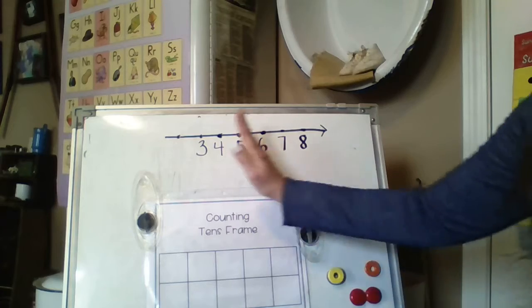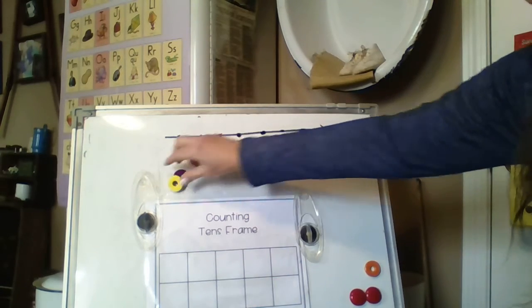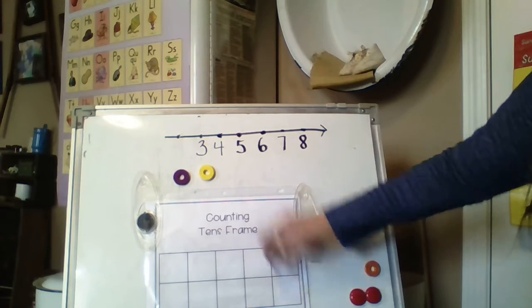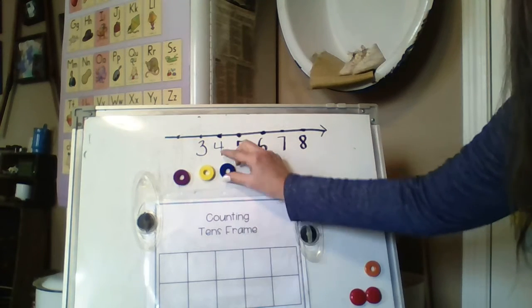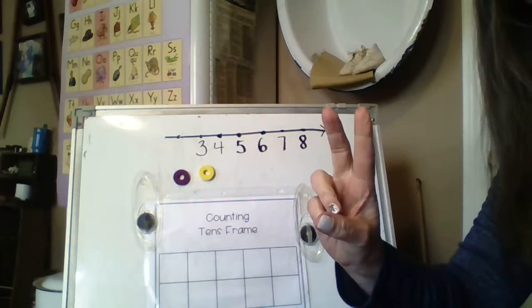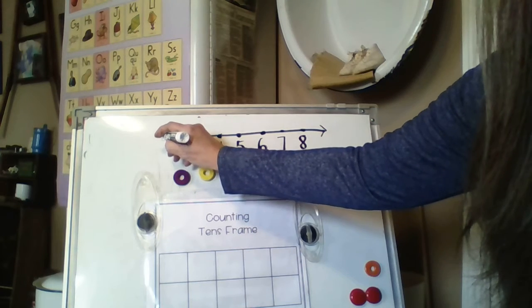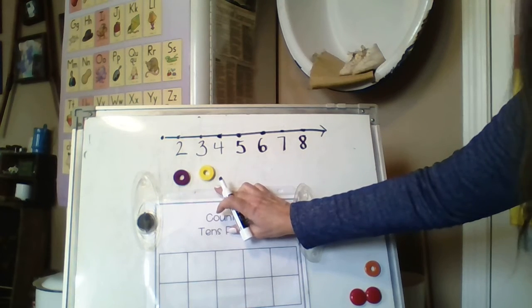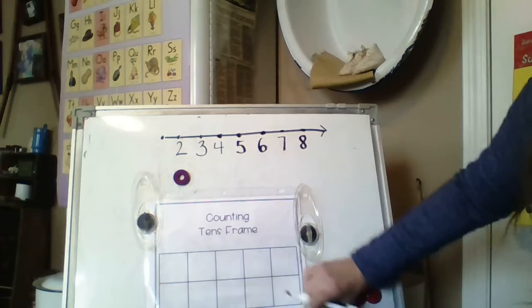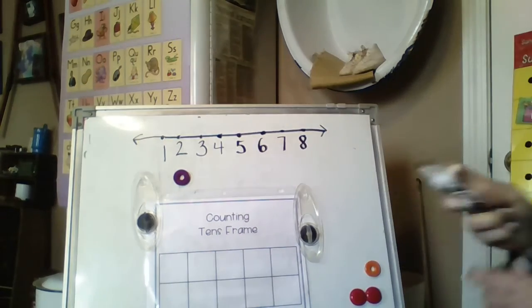And what number is 1 less than 3? Oops, there's another way to show it. There's 3. 1 less. That's right, 2. And what number is 1 less than 2? 1. And that number line keeps going that way too.